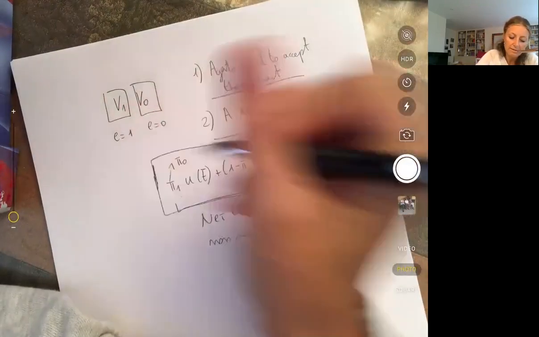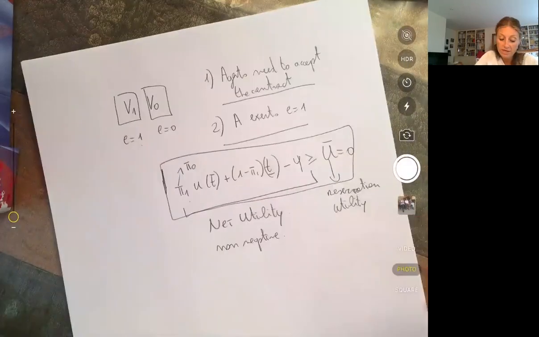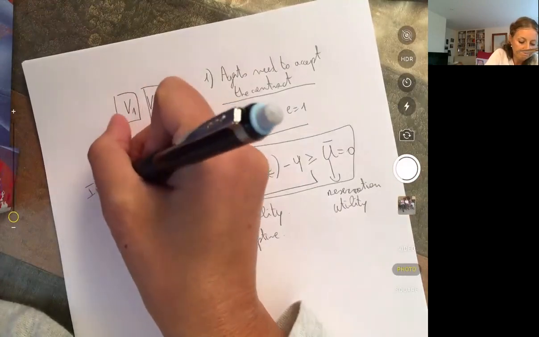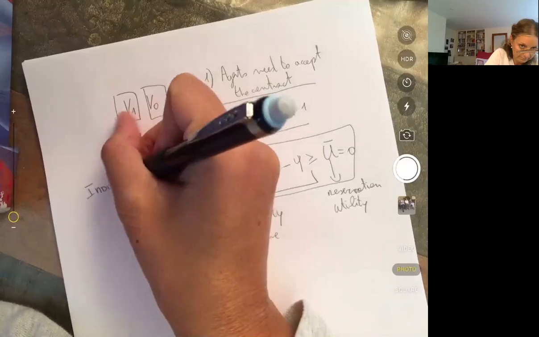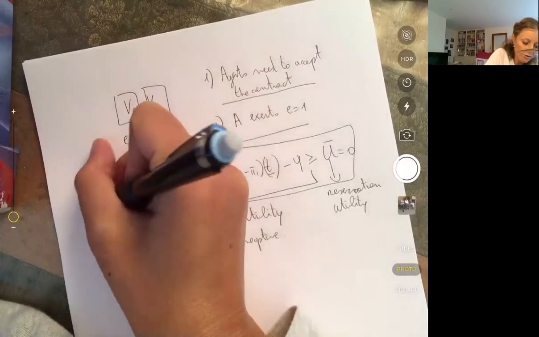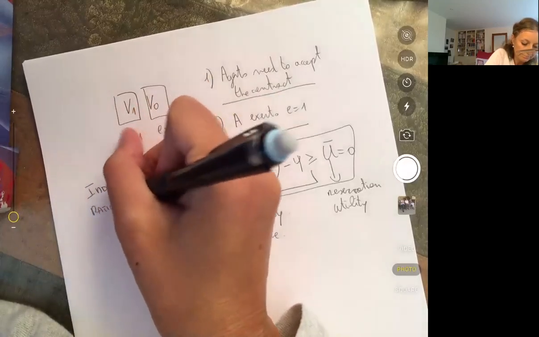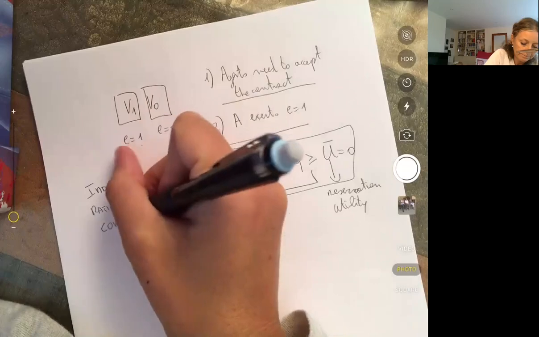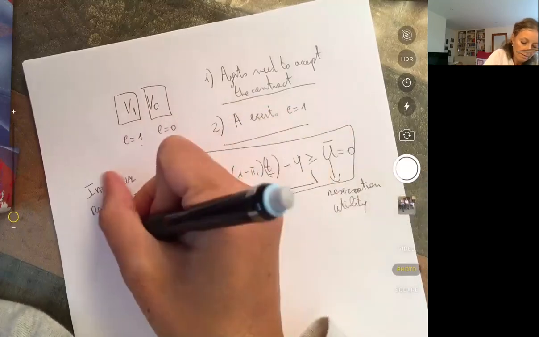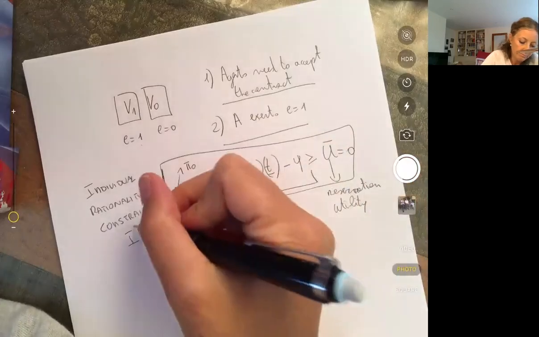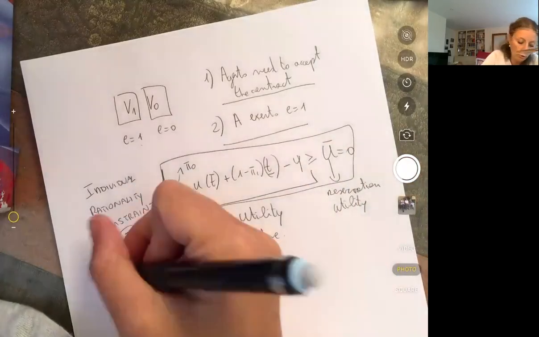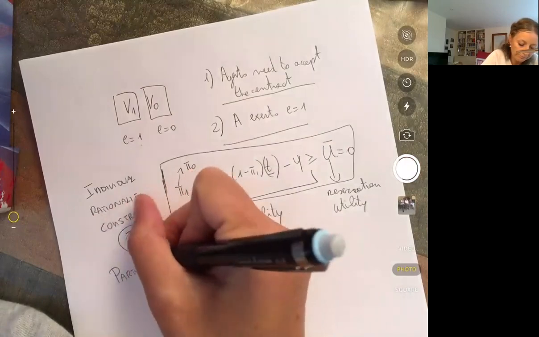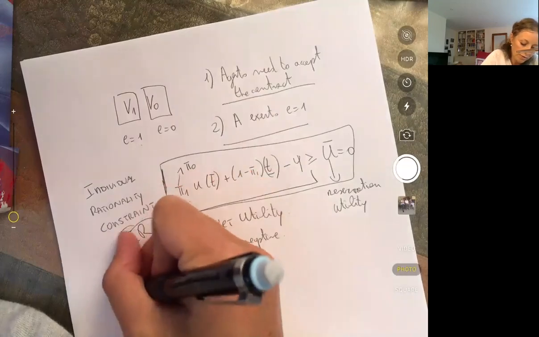This equation that we have written here is called the individual rationality constraint. Sometimes we can write it like this, or also call it the participation constraint.